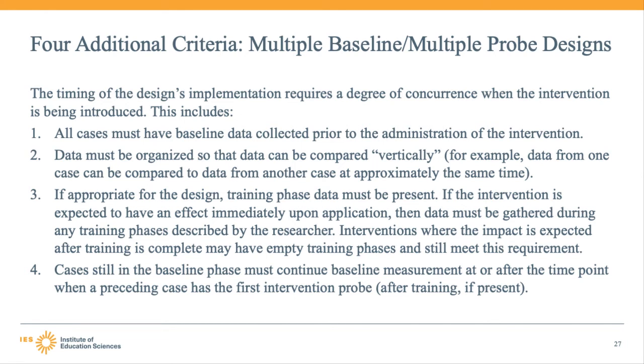3. If appropriate for the design, training phase data must be present. Namely, if the intervention is expected to have an effect immediately upon its application, then data must be gathered during any training phases described by the researcher. Interventions where the impact is expected to have an effect only after training is complete may have empty training phases and still meet this requirement. 4th, and finally, cases still in the baseline phase must continue with baseline measurement at or after the time point when a preceding case receives its first intervention probe, or after training sessions if those are present in the design.